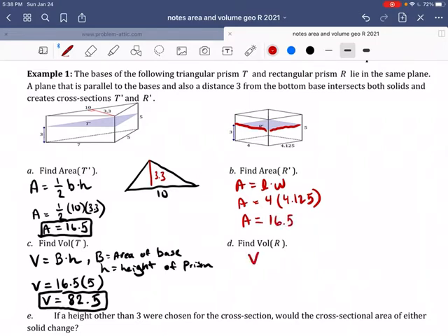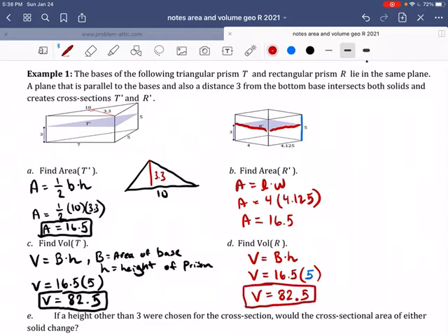And so to find the volume, just like last time, volume is capital B times height, where capital B is the area of the base. So we know that the area of the base there is 16.5, and the height of the entire prism is 5. This looks very familiar because this is actually the same calculations from last time, and so thus my volume is 82.5.